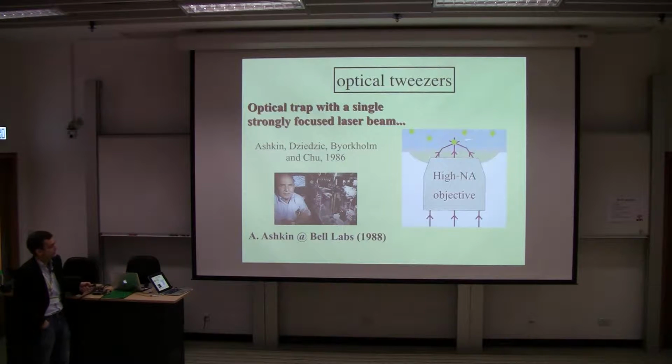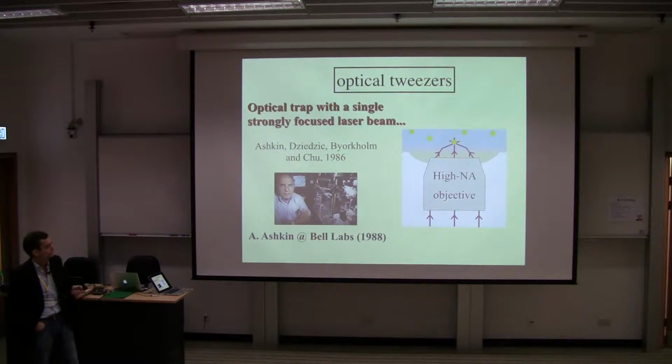So this is an out-of-scale cartoon description of the tweezer. We have this laser beam which is highly focused into this tight spot here. And then I have a microscopic particle which is trapped very close to the focus.